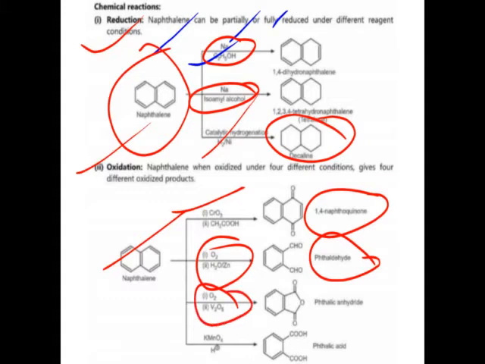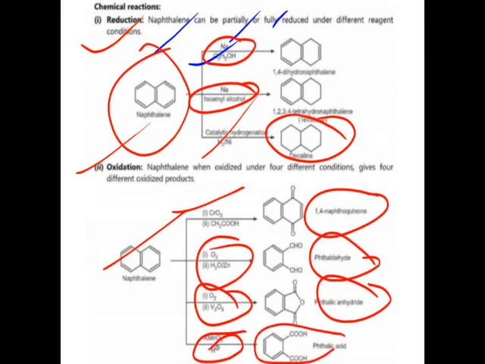If the reagent is oxygen and vanadium pentoxide, then we get the anhydride, that is phthalic anhydride. And if KMnO4 and oxygen, the oxidizing agent, is used, we get phthalic acid, that is the two carboxylic acid groups. So in this way the reduction reaction takes place, the oxidation reaction takes place.